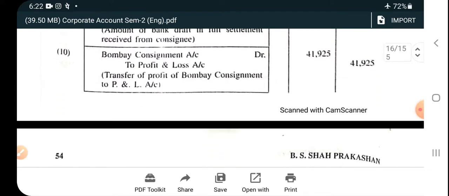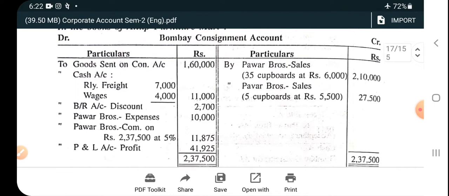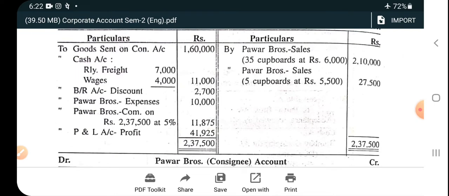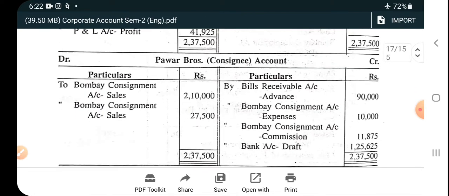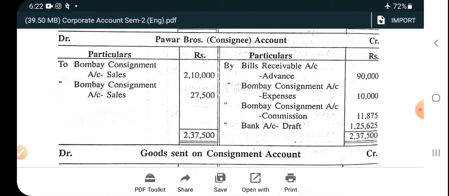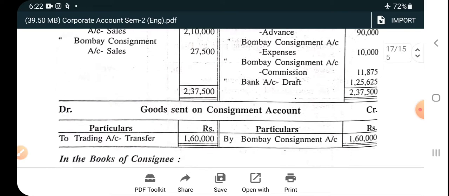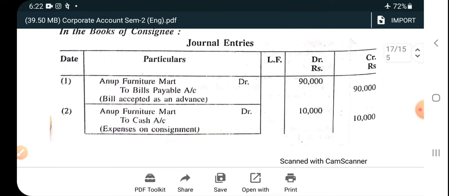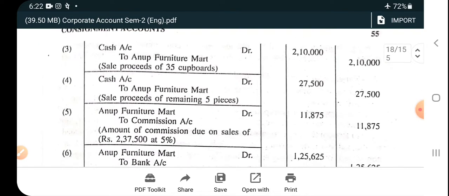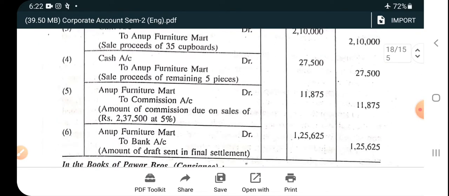It has two effects. The first effect: consignment account debit side to consignee account, 5% on 2,37,500, and in the consignee's account credit side by consignment account commission 11,875. This commission is paid by consignor to consignee. So once again in the book of consignee we must make its effect. Consignor, it means Anupam Furniture Mart, is paying commission to consignee.